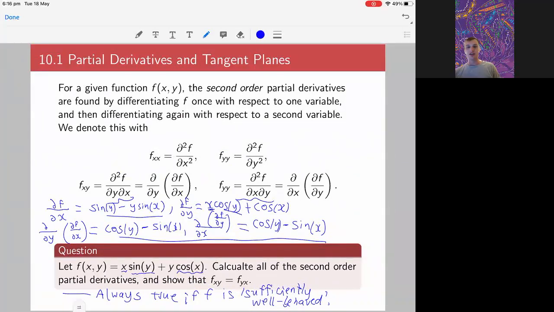Now we're getting interested in the theory of combining the observations of the partial derivatives to give us new information and better insights about how a function behaves.